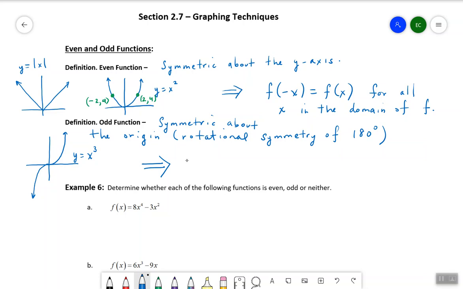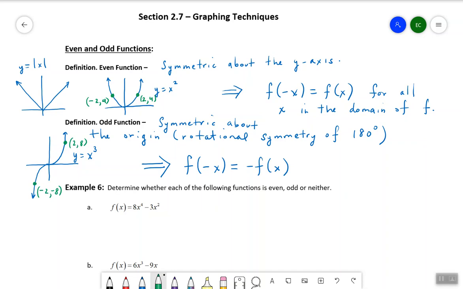And so algebraically, we can say that f of negative x is equal to negative f of x. You might understand that better if we consider the point at 2, 8 and the corresponding point at negative 2, negative 8.